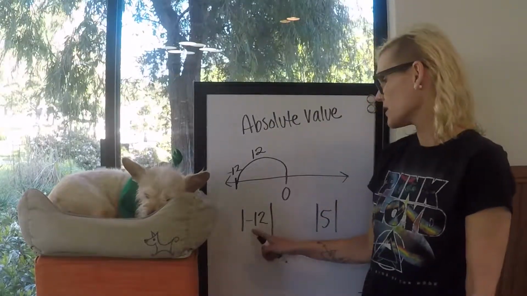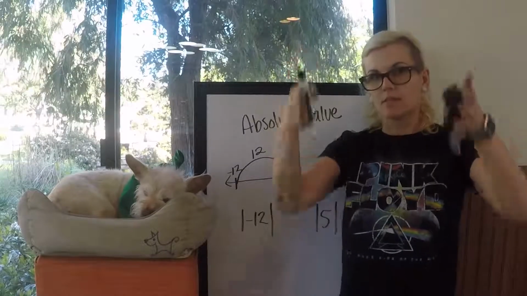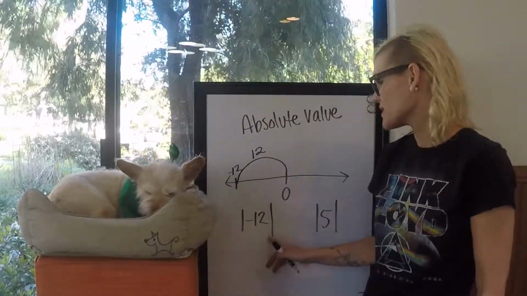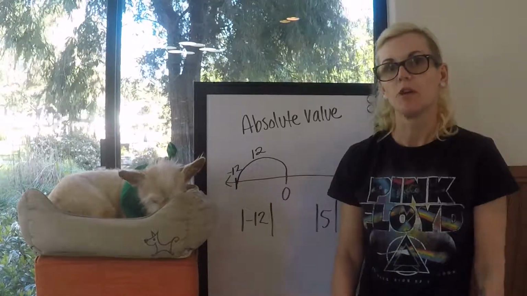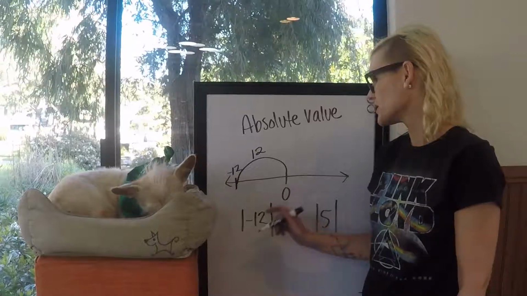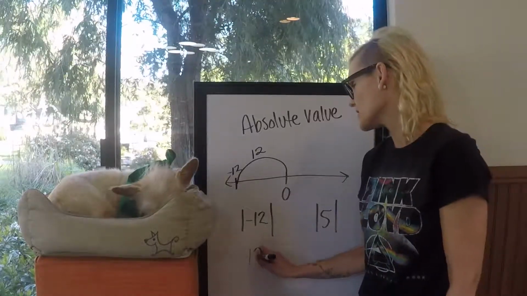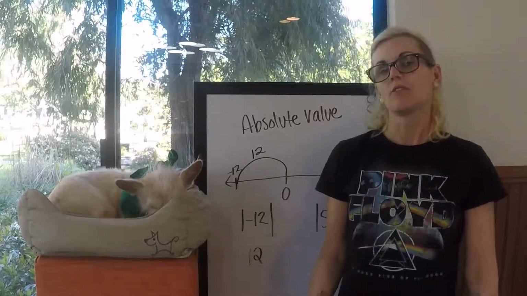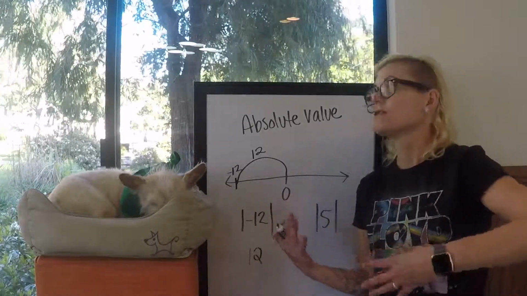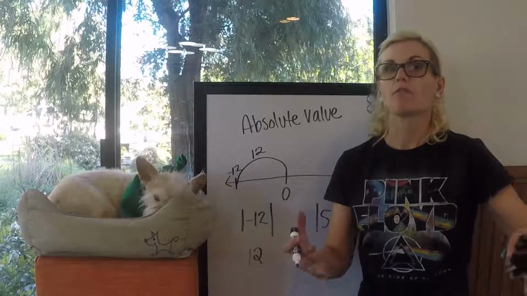So if you see a number inside these bars, barricades, whatever you want to look at them as, that means take the absolute value of negative 12. Or in other words, how far is negative 12 from 0? It is 12 away, it's distance. If I live 12 miles away from school in the north direction, I'm 12 miles away.